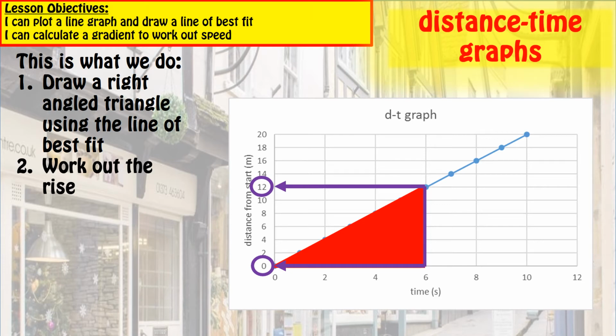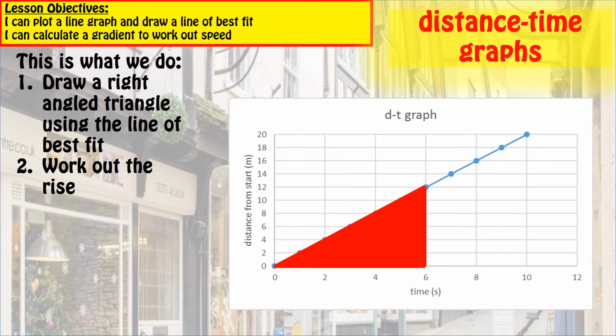And all I've got to do to work out the rise is take away those two numbers. Now my numbers are 12 and 0. That makes it nice and easy because 12 take away 0 is 12. So that would be 12 metres. And because distance from start is in metres, my 12 metres take away 0 metres is 12 metres. So that's where the metres part comes from.